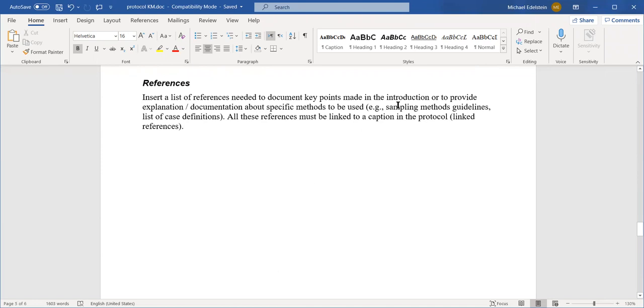And if you include all of these, you have a very, very comprehensive document. You will avoid, for example, going back and forth with the ethics committee, because they won't come back and say, oh, you didn't tell me this, this, and this. It's all in there. And then when you write your paper, you already have your background, you already have your methods, you already have most of your references. It saves you a lot of time.